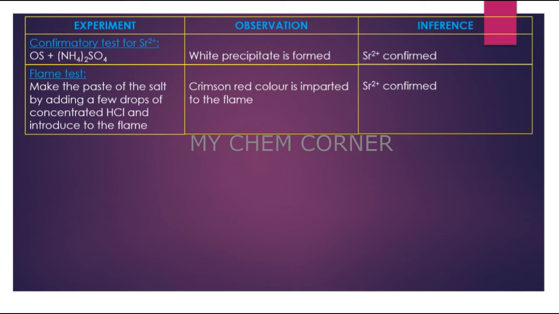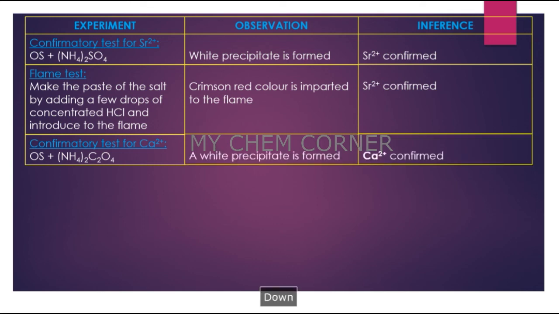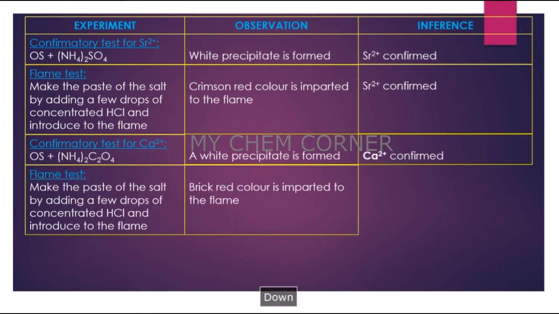If you don't have strontium, you also do the test for calcium, where you add ammonium oxalate to OS. You will get a white precipitate which confirms calcium. And for this, when you do the flame test, you get a brick red color, which is confirming the presence of Ca2+. So these are your confirmatory tests for radicals in group 5. Now when you did group 5 also, you did not get anything.